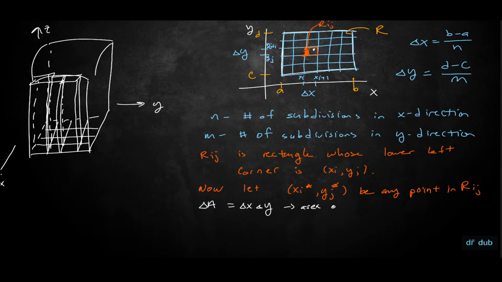And then f of x_i star, y_j star is the height, or will be the height, of the rectangular prism above R_ij.